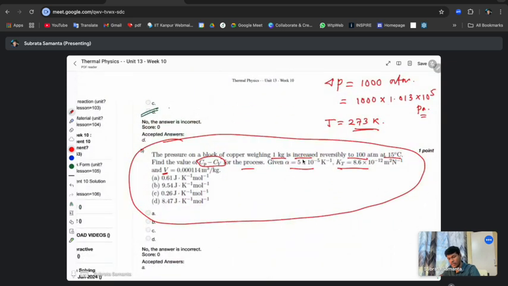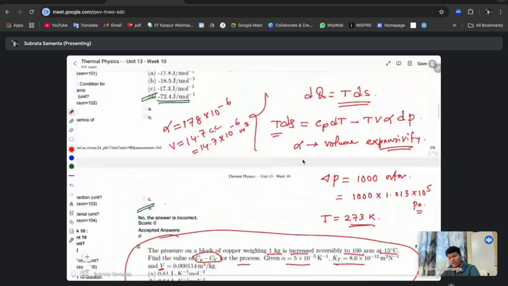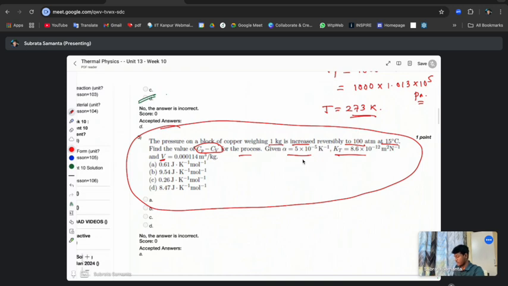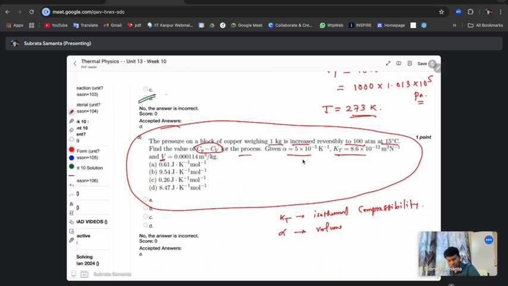Alpha is the same alpha as before, the volume expansivity, and Kt is the isothermal compressibility.